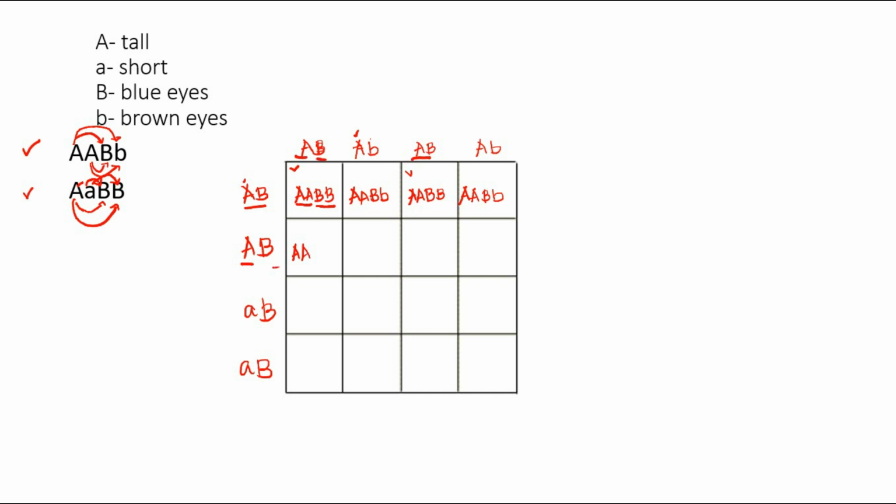And then BB, or the dominant A, dominant A, dominant B, dominant B. So it's the same with the first box.